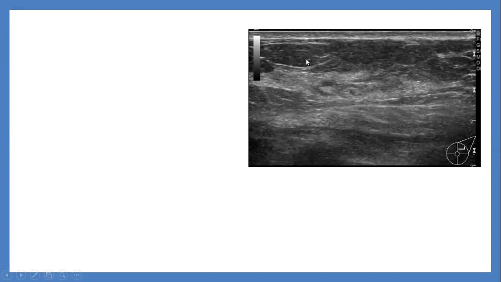Just below, yes. Go down. Yes, here. So within this is the fibroglandular tissue. The lymph node is within the fibroglandular tissue.